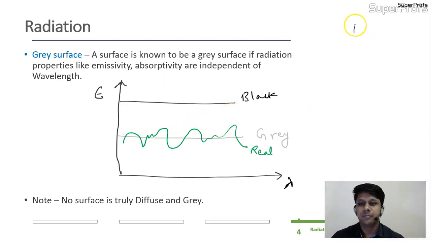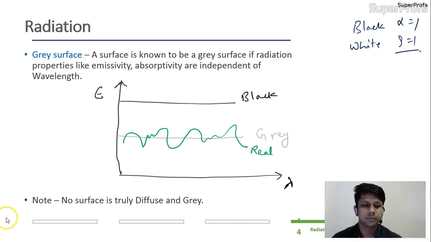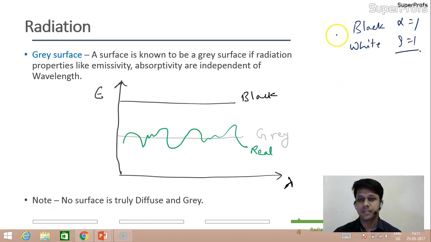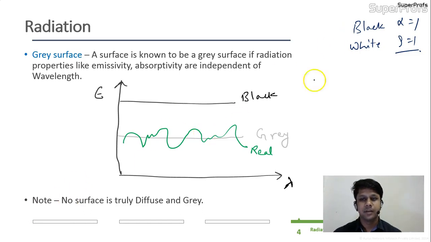Now we have seen the black body, for which alpha is 1. White body, we have seen rho is equal to 1. We have discussed what black bodies and white bodies are, and we have seen there is nothing to do with the color of the body.